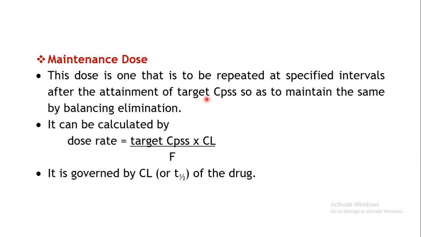So how do you calculate the maintenance dose? It's the same formula as that for the dose rate, that is target CPSS multiplied by clearance divided by bioavailability. So it is governed by the clearance, or the T half-life of the drug.